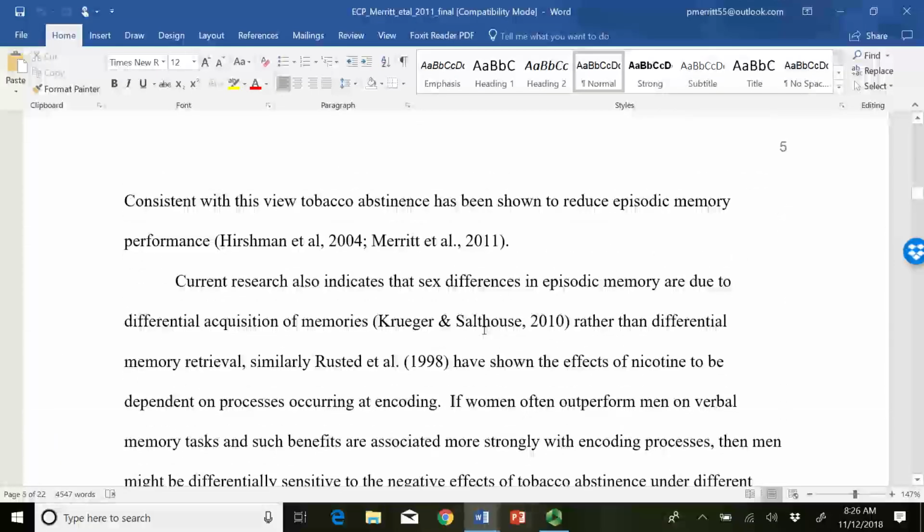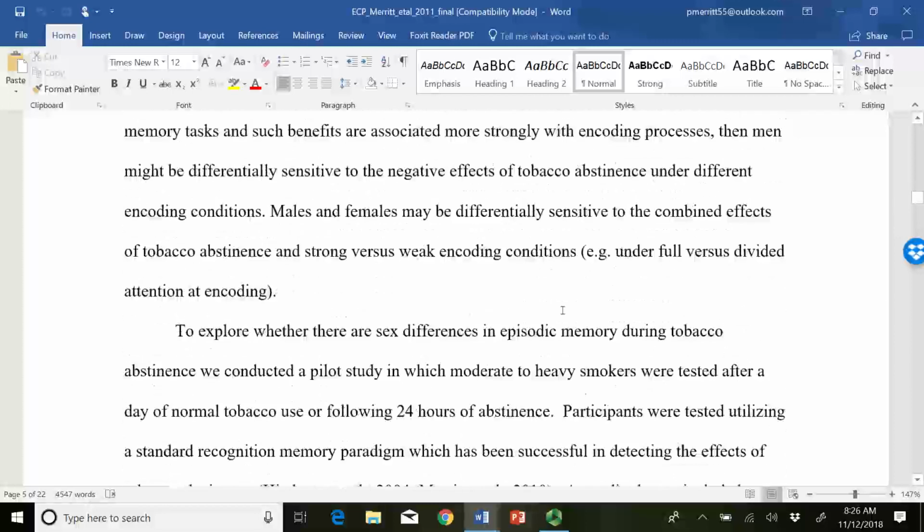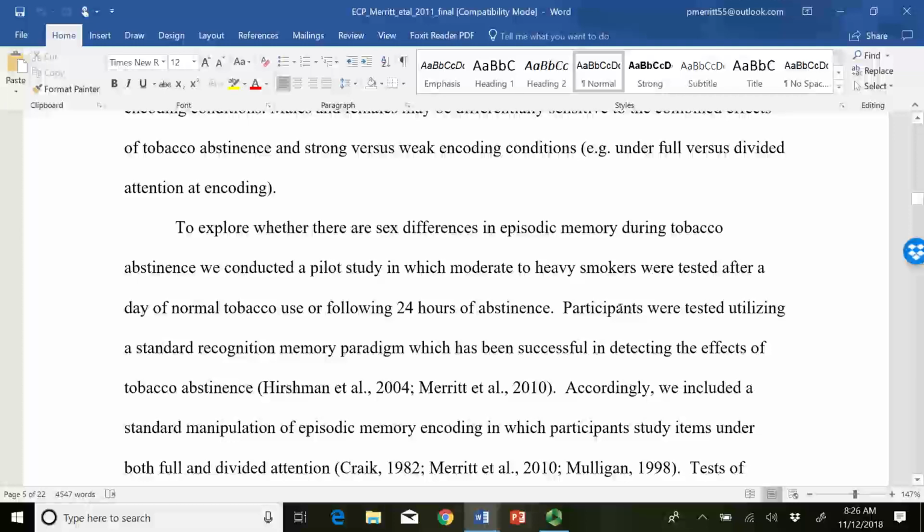Then, why are there sex differences in episodic memory? Explain why that is. And this is a very short introduction section, so your instructor may require a little bit longer, but in this particular paper, we only had 4,000 words to do the entire article, not including references. So you can see down here, the whole thing is just 4,500 words, including those references.